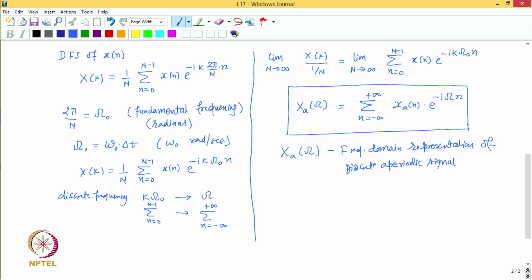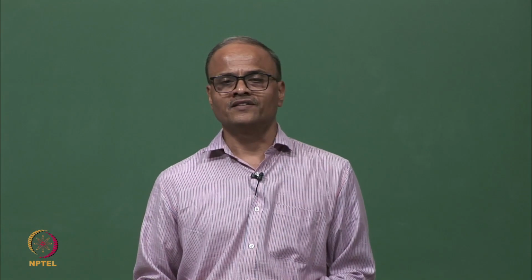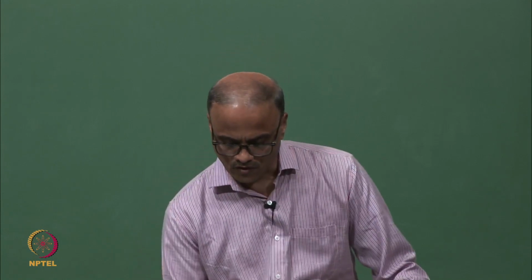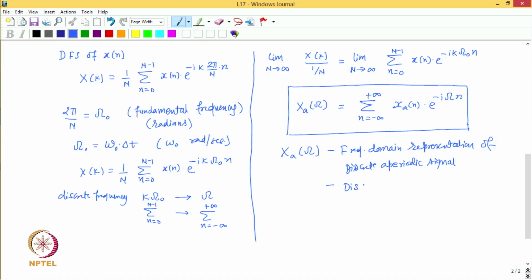And since it is nothing but the Fourier transform of the discrete aperiodic signal, which is a discrete time signal, this is also referred to as the discrete time Fourier transform, right, and it is abbreviated as DTFT, okay. So, now we can make some observations about the nature of x a omega, right.